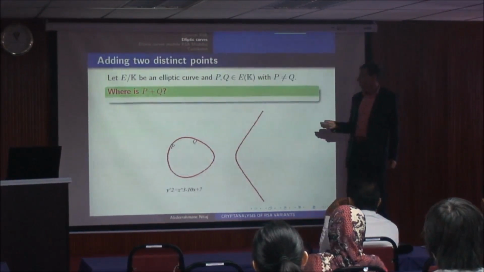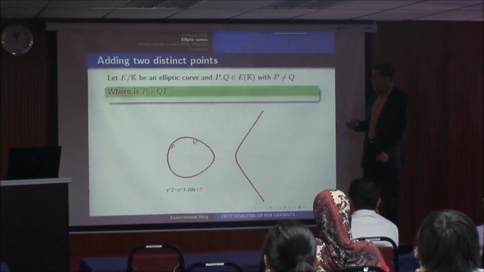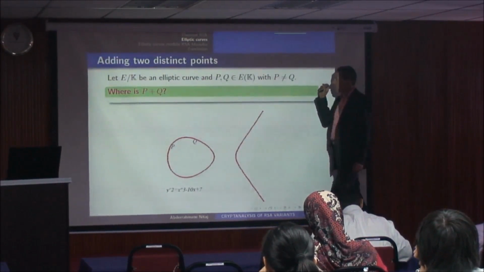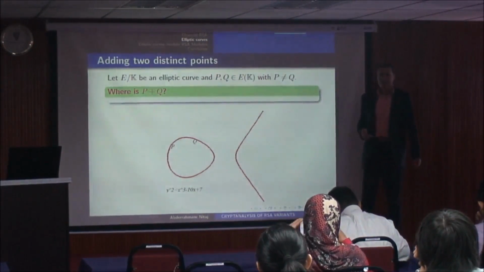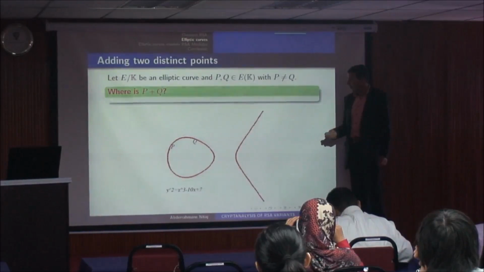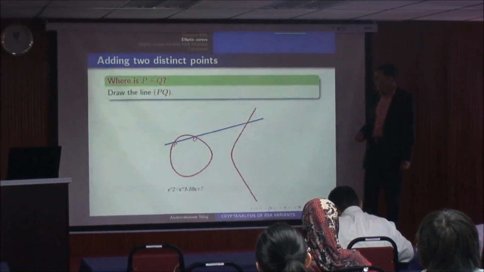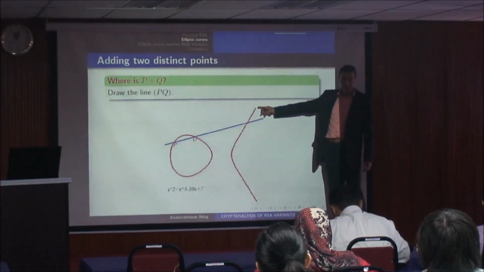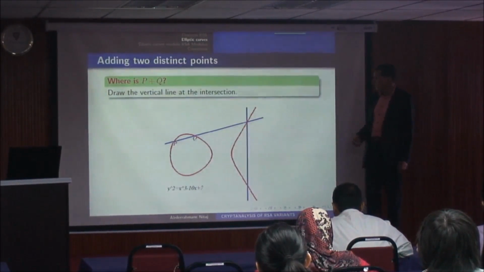Now, if you have an elliptic curve E over a field K, and we have 2 points P and Q, with P different from Q. So we have the point P and the point Q, and we need to find P plus Q. P plus Q can be found on this curve by drawing the line through P and Q. The line PQ will intersect the curve at this point, and at this point we draw the vertical line.